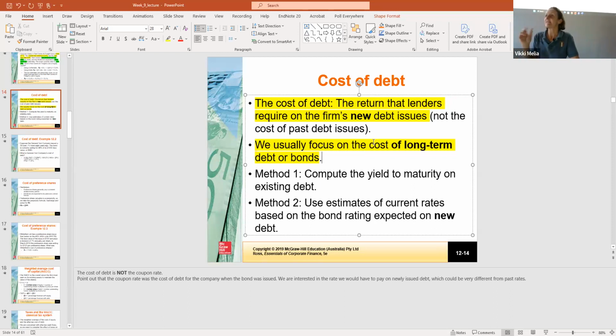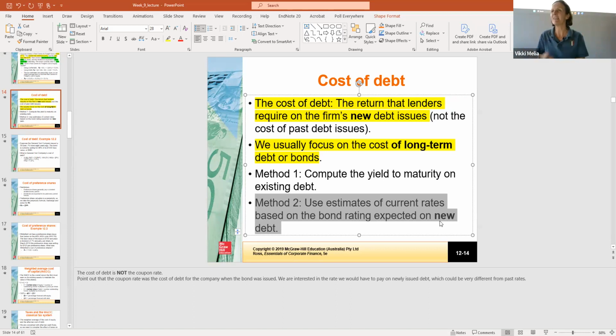In practice, there are two methods that we can use to measure the cost of debt. Method 2 is the ideal method that we would like to always use, but it's not always practical. Method 2 says that we estimate the rates on new debt that will be issued in the future. We estimate the yields or the cost of bonds that would be issued in the future.